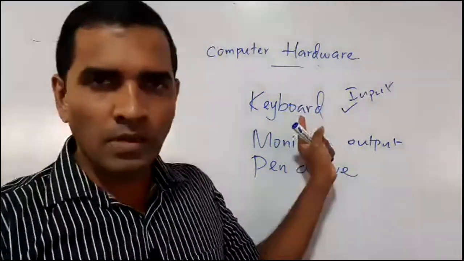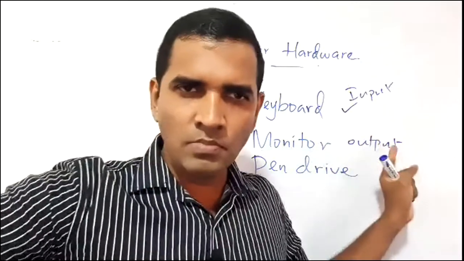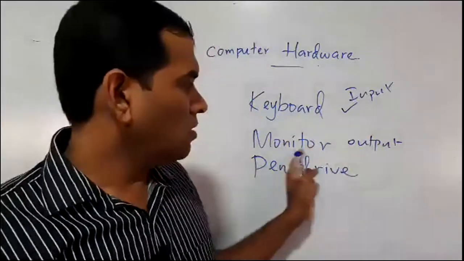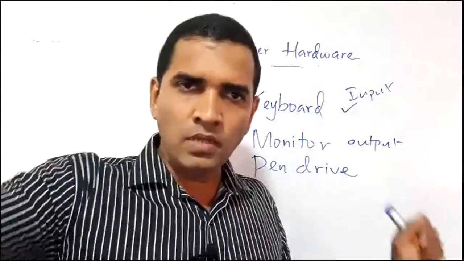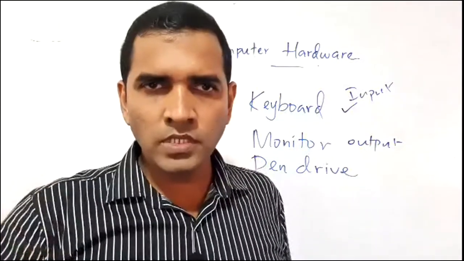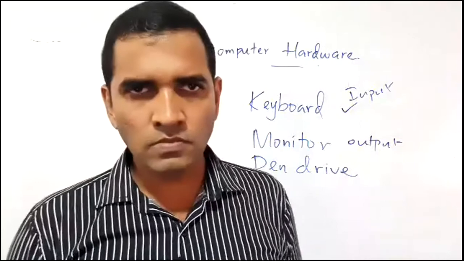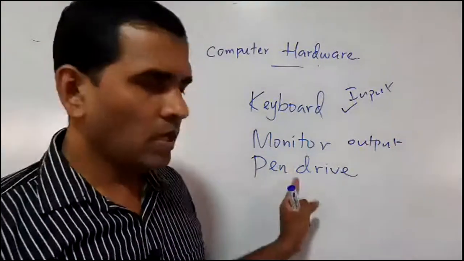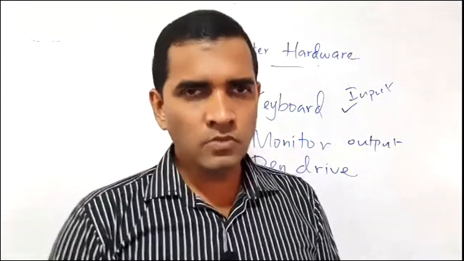So keyboard helps us to input letters and numbers to the computer. Monitor helps us to bring letters, pictures, and everything back to us. That is output. And pen drive, on the other side, has the ability to store.